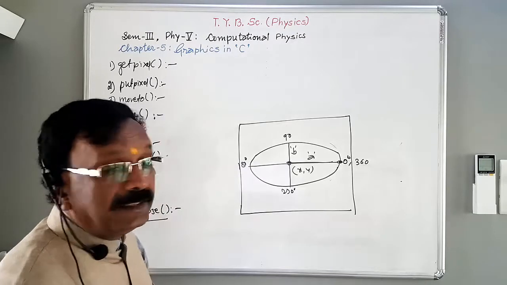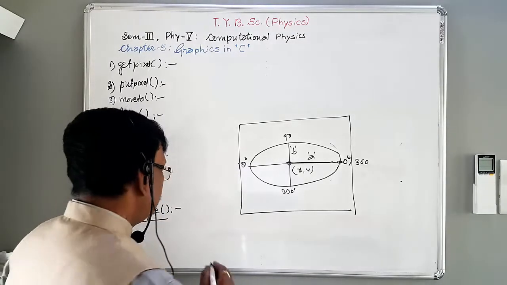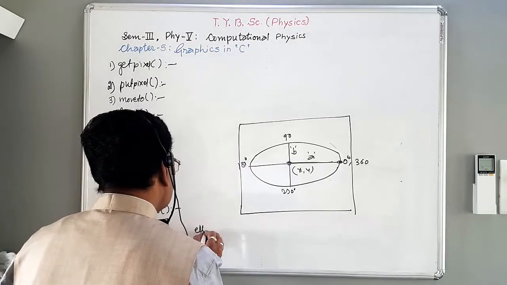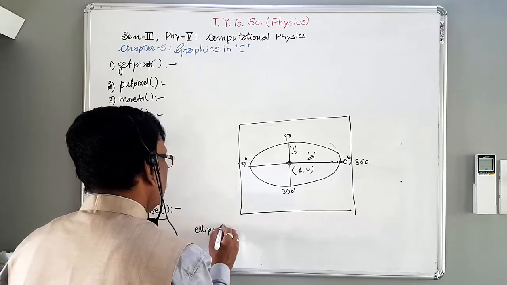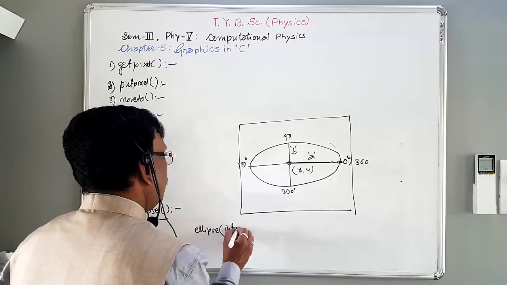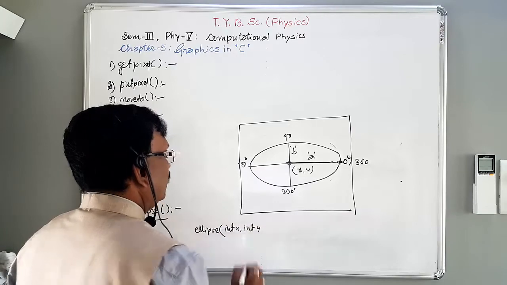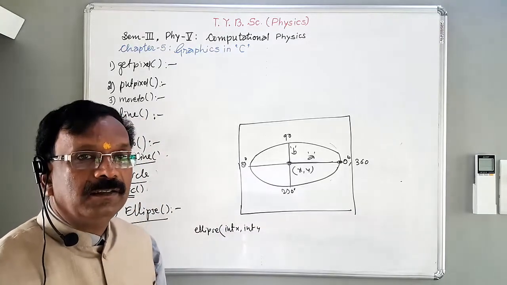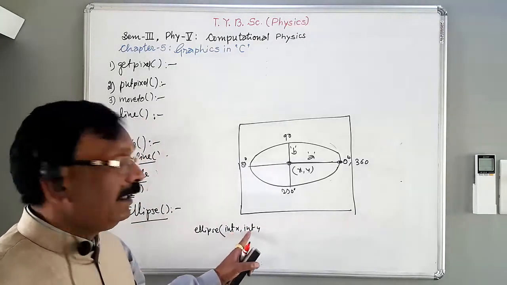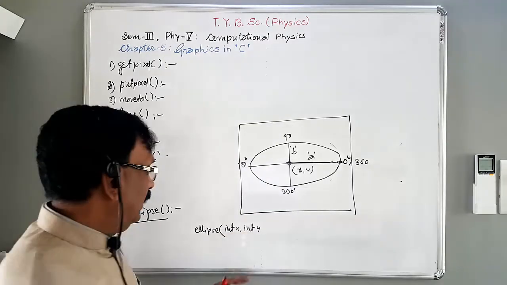So, what will be the general syntax? Here, ellipse is the keyword, then integer x, integer y. These are the integer values for the center of the ellipse.